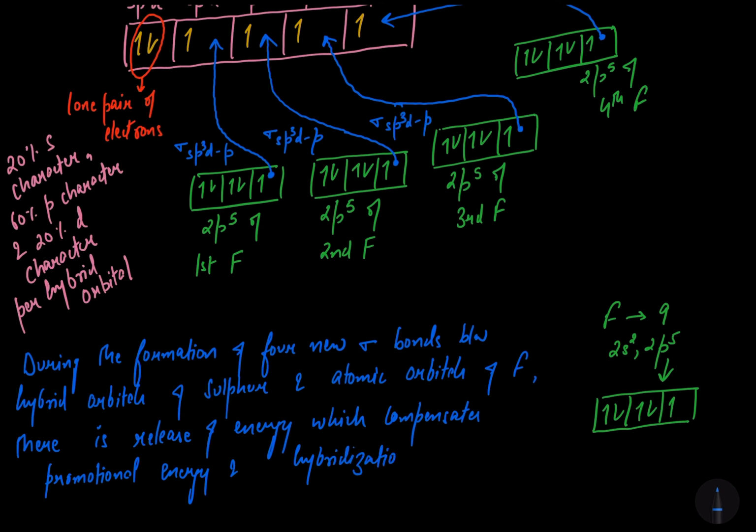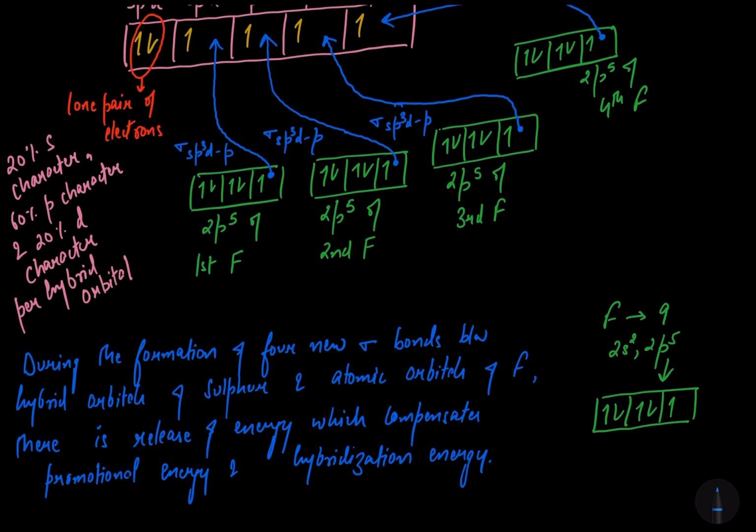As the hybridization energy and promotional energy is compensated during the formation of 4 new sigma bonds between the hybrid orbitals of sulfur and the atomic orbitals of fluorine, the formation of SF4 is practically possible, or we can say chemically feasible, when all the endothermic processes are compensated by the exothermic processes. Here the endothermic processes are promotional energy and hybridization energy, and our exothermic process is the formation of 4 new sigma bonds.